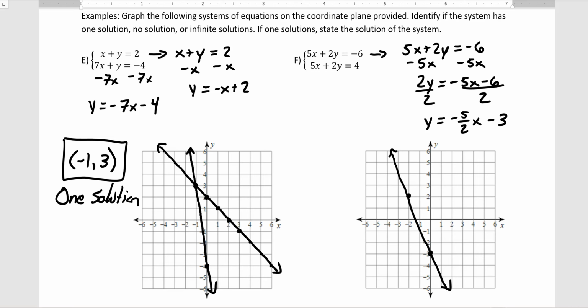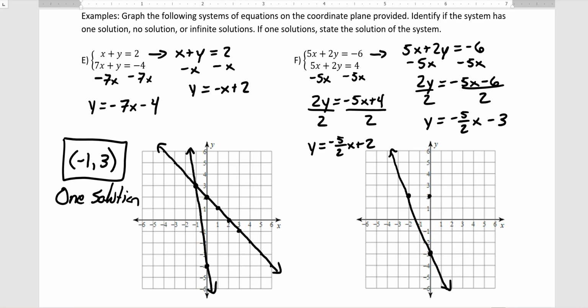Beautiful. All right, now 5x plus 2y equals 4 in my second equation here. So I'm going to start by subtracting 5x from both sides. When I do that, I get 2y equals negative 5x plus 4. And then when I divide by 2 to get y all by itself, y is negative 5 halves x plus 2.